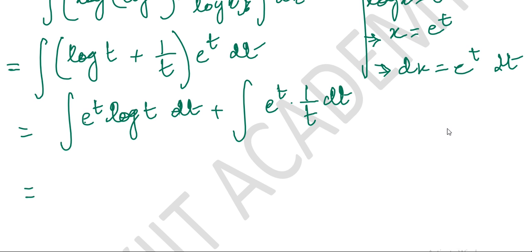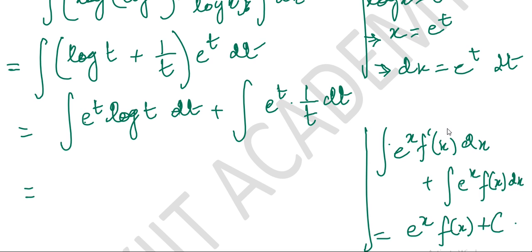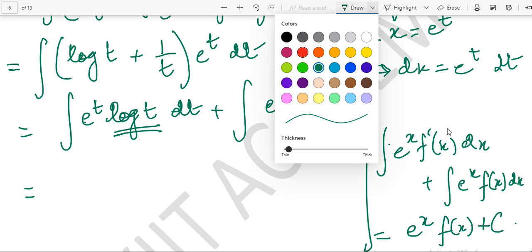If you see this one, I said earlier that integration of e to the power x f prime of x dx plus integration e to the power x f x dx is simply e to the power x f x plus c. We can see from here what is f x and what is f prime of x. f x is log t. Let me show you with a different pen.